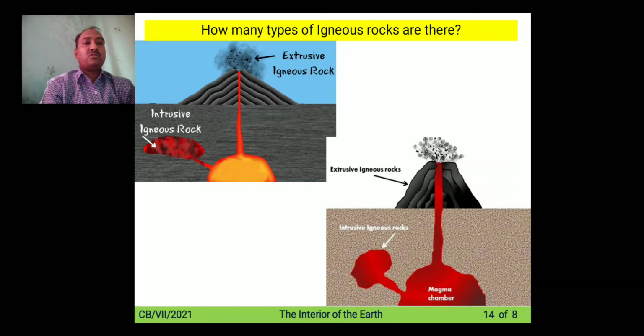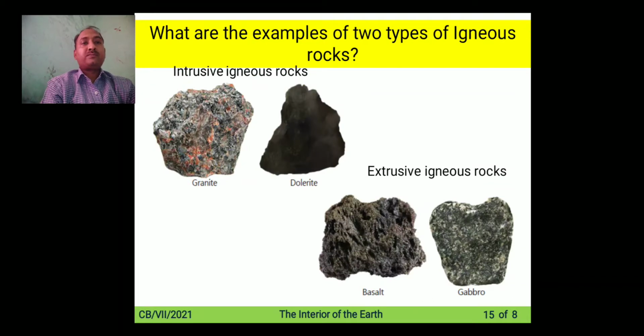These are some pictures shown to you here. Through these pictures we can easily understand extrusive igneous rocks and intrusive igneous rocks. Now here there are some examples mentioned to you, examples of extrusive igneous rocks and intrusive igneous rocks.